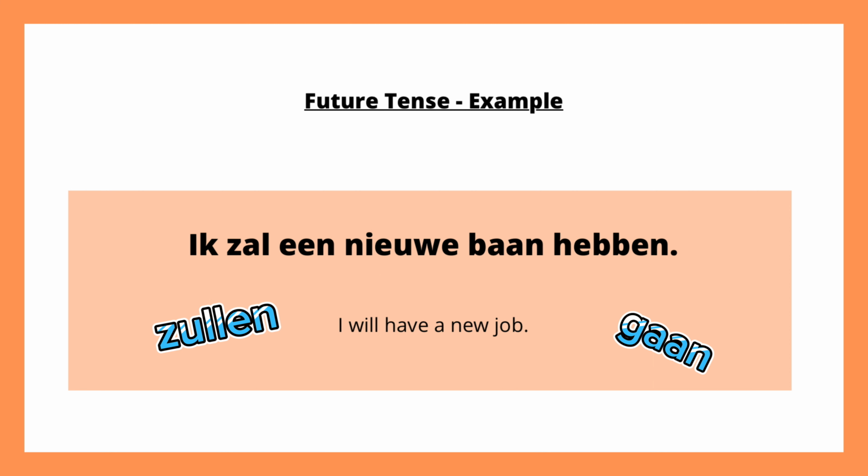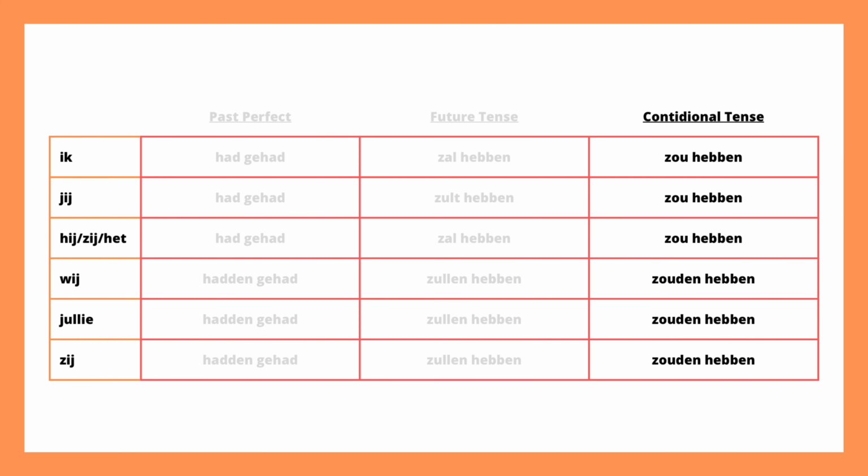Next up, the conditional tense, which is used to talk about hypothetical situations or events that may or may not happen in the future. Let's look at the conjugation. Ik zou hebben. Jij zou hebben. Hij, zij, het zou hebben.